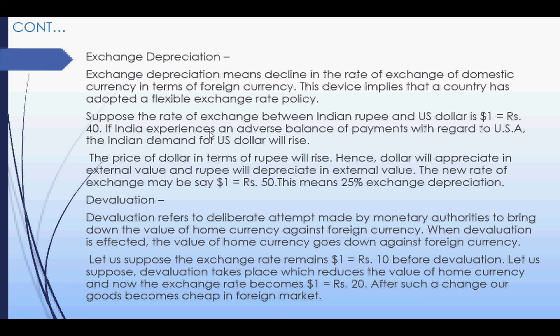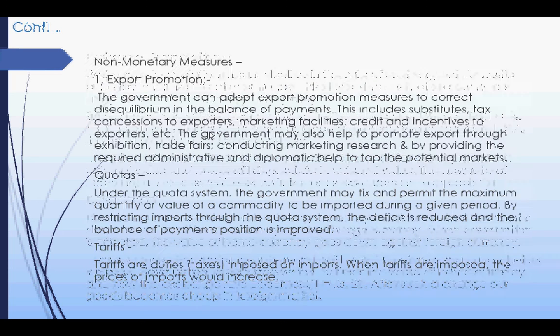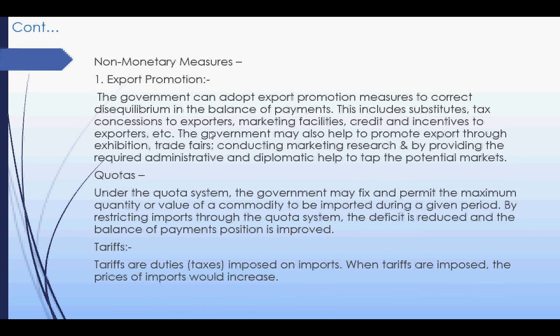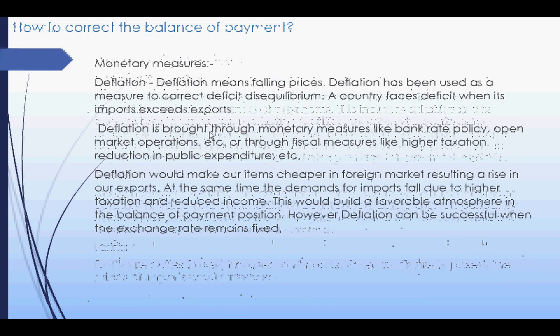After such a change, our goods become cheap in the international market. So European people or US people will be importing goods from us. So that leads to the correction in the balance of payment position. So these are the monetary measures.